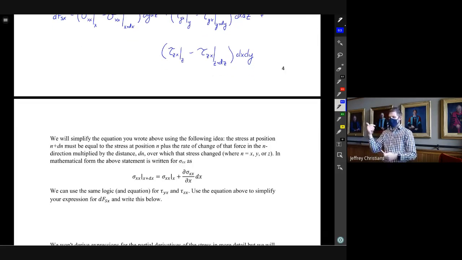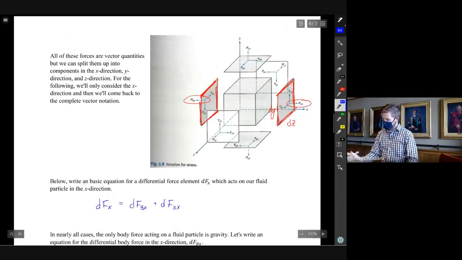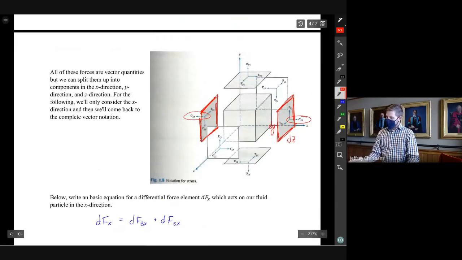The value at position x plus dx, y plus dy, z plus dz, that is, at n plus dn, is equal to the stress at n plus the rate of change in the n direction. Coming back up here for sigma, the value on the right side is equal to the value on the left side, plus, say it's changing like that.